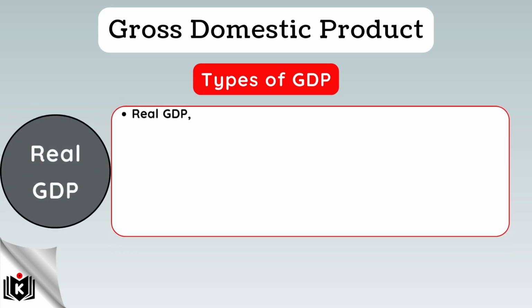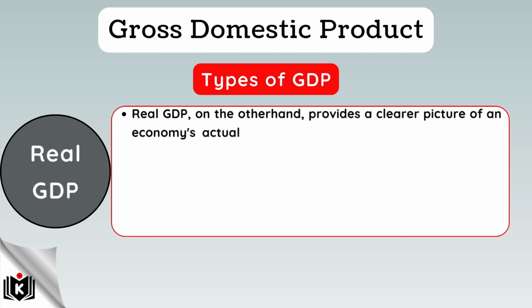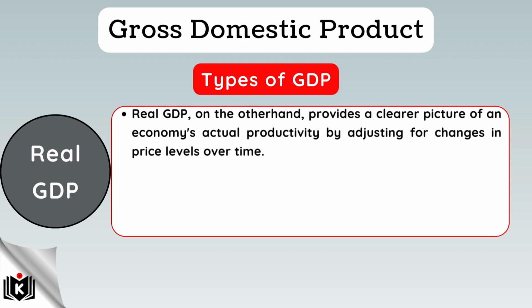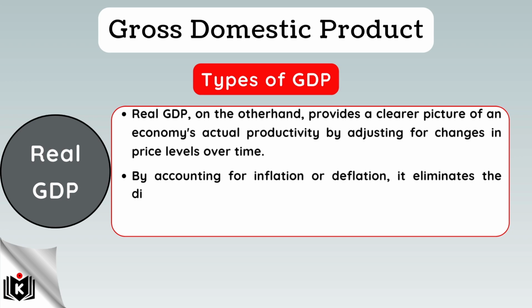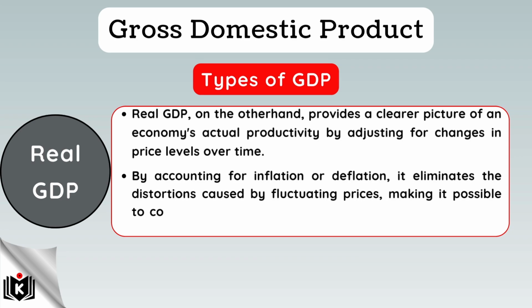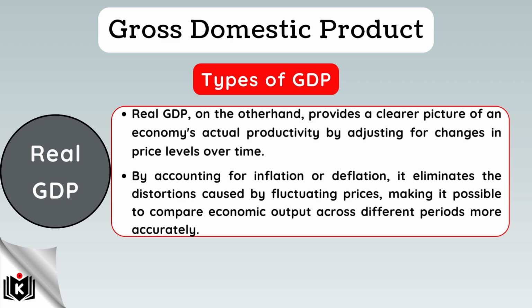Real GDP, on the other hand, provides a clearer picture of an economy's actual productivity by adjusting for changes in price levels over time. By accounting for inflation or deflation, real GDP eliminates the distortions caused by fluctuating prices, making it possible to compare economic output across different periods more accurately.